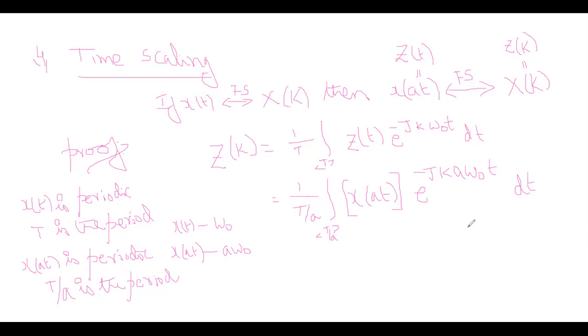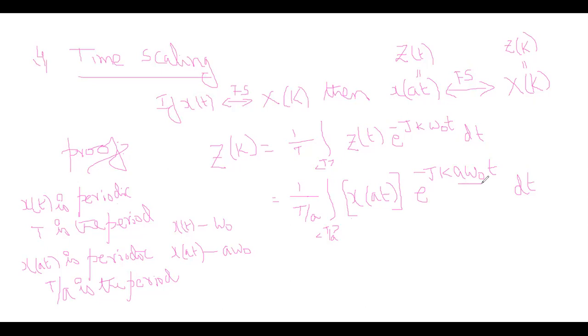So there is a relation, my dear students: when the time decreases, why am I saying it decreases to T by a? What is the frequency? Definitely it increases, because there is an inverse relation between the time and the frequency.